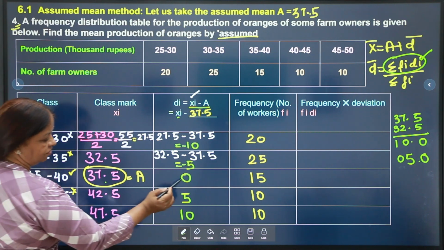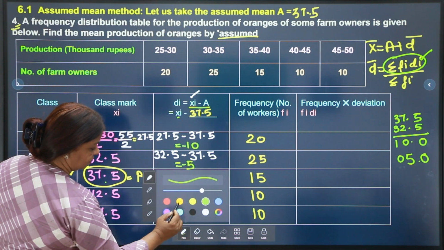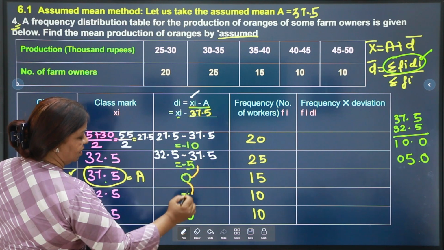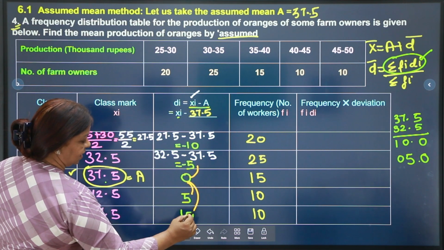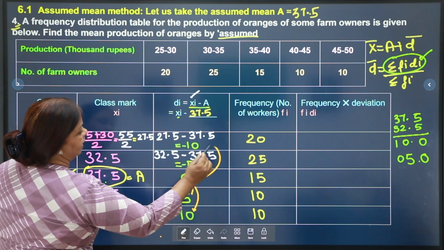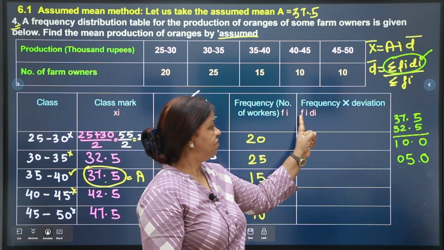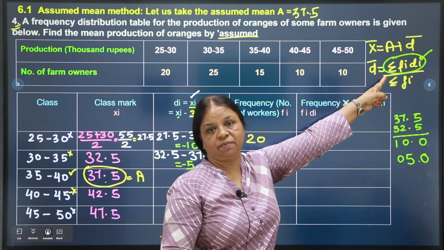Okay. See, after 0, plus 5, before 0, minus 5, plus 10, minus 10. Clear? Now we need to find out Fi di, because we want to find out summation of Fi and di.